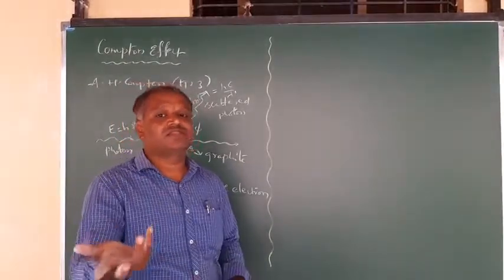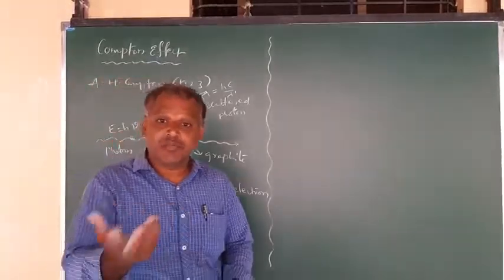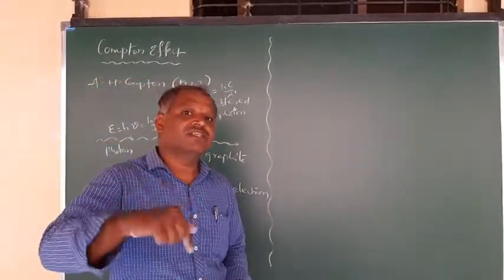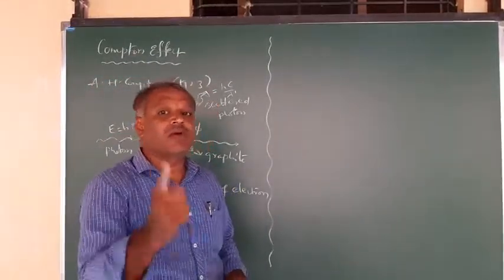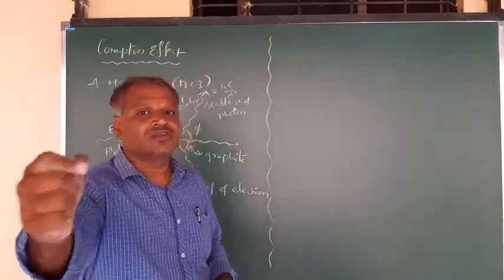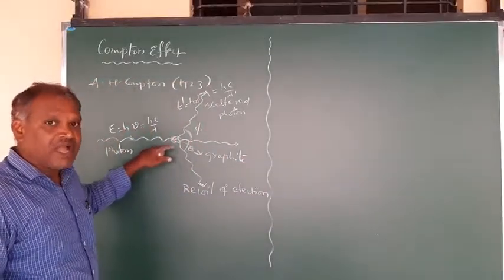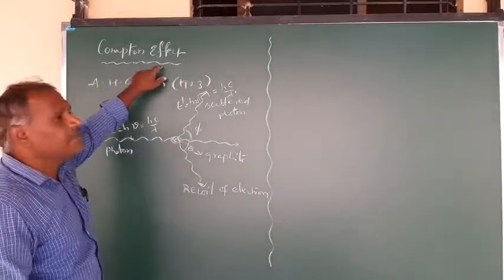But there is one more scattering, incoherent scattering. The scattering process where the scattered photon has a higher wavelength compared with the incident photon is called incoherent scattering. This is observed in incoherent scattering, and this effect is called the Compton effect.